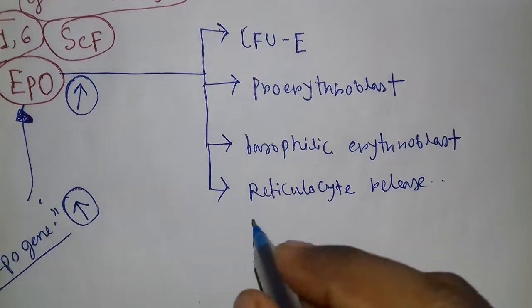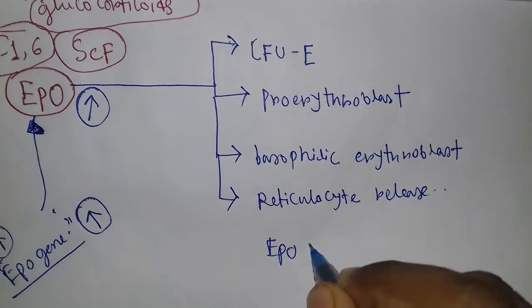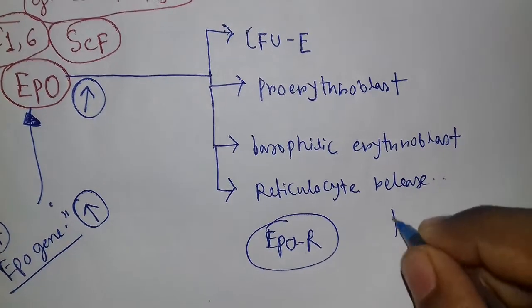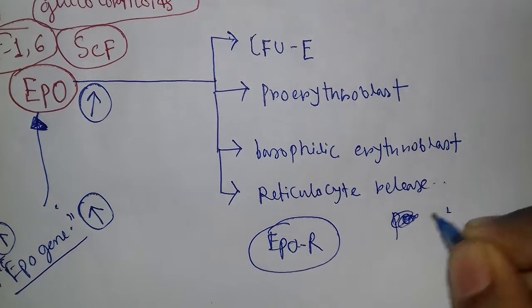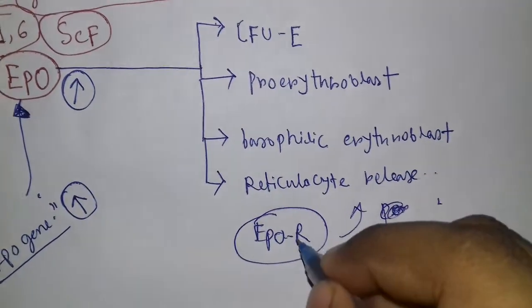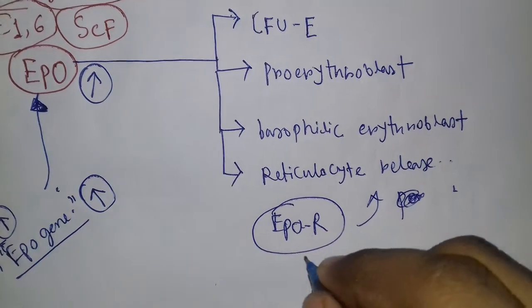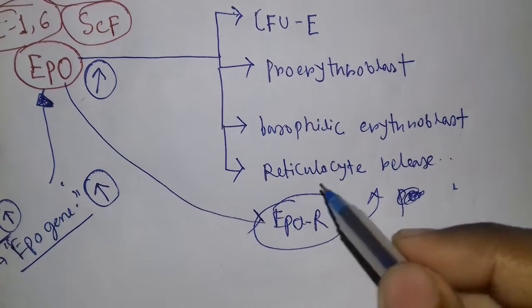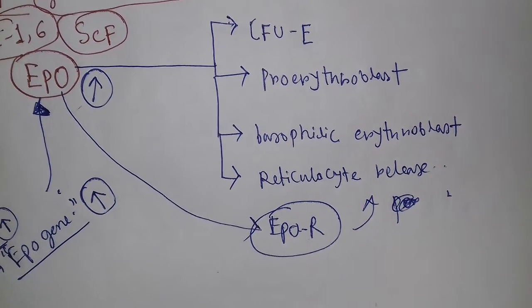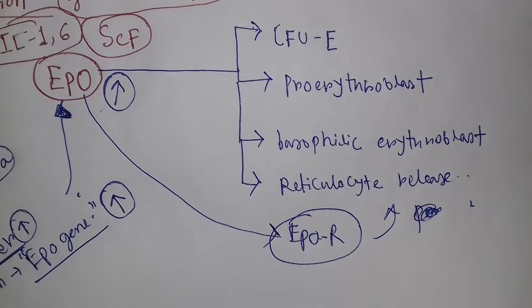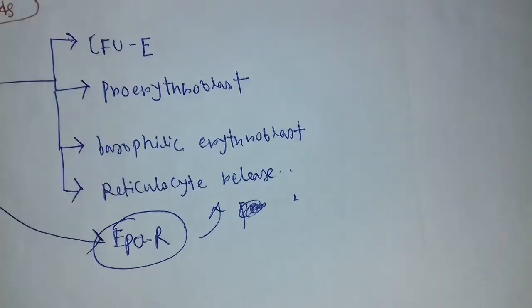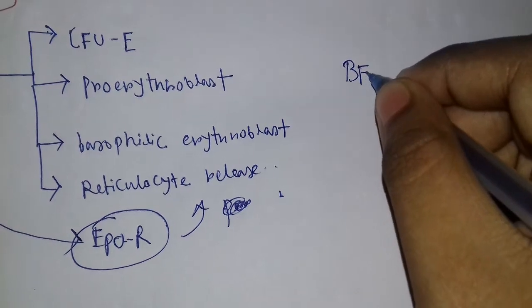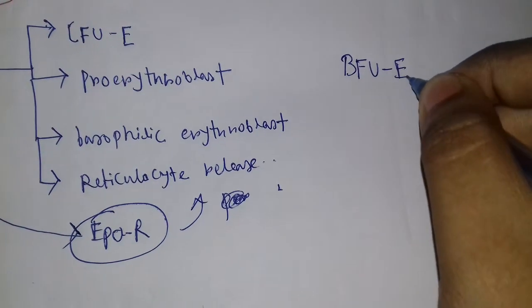There is a receptor, that is the EPO receptor, in these precursor cells. Erythropoietin acts on this receptor and completes its functionality. So let's see how it acts. There is a factor called erythroid burst forming unit.